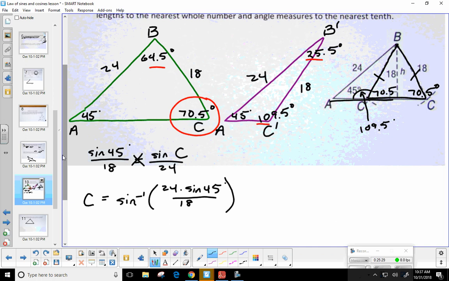Let's set up a law of sines to find little b. Sine of 45 over 18 is equal to, well, B is now 64.5, so the sine of 64.5 over b. Just for the sake of time, you go ahead and solve that and round it, and you should get something about 23.